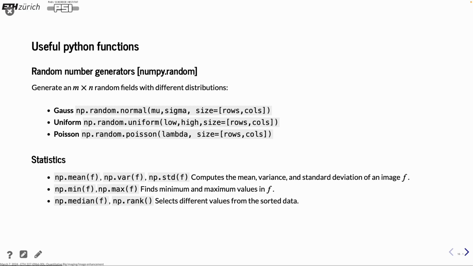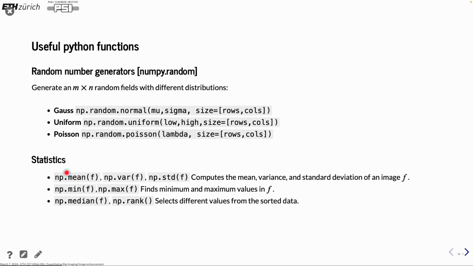Here are some tools that you can use if you want to play with it in Python. Everything comes from NumPy, so there is a package in NumPy called random, and there you can get the Gaussian distribution, uniform, Poisson, and I think a handful of other distributions if you would like to do that. For doing the statistics, you can also use these functions.